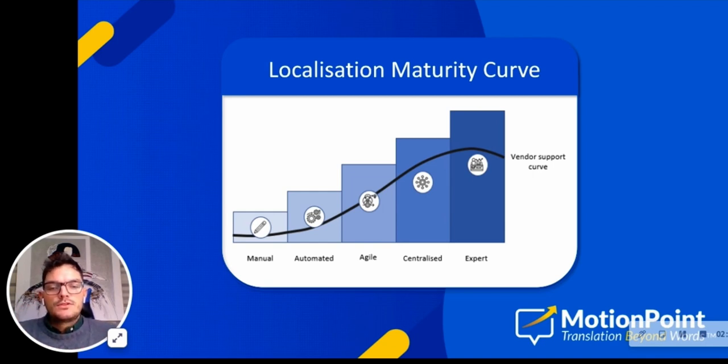So that's where you move to an automated stage, to use some kind of automation technology that's going to help your teams manage that process of getting that content from the origin language to the target market you're putting it into. That's typically where you'll see people going on the journey of using some level of a connector, an API, or a proxy technology to help with that translation journey.